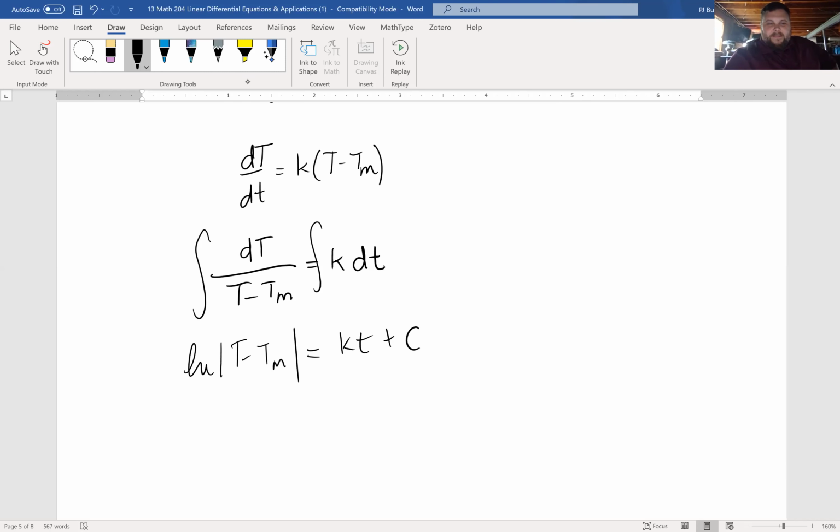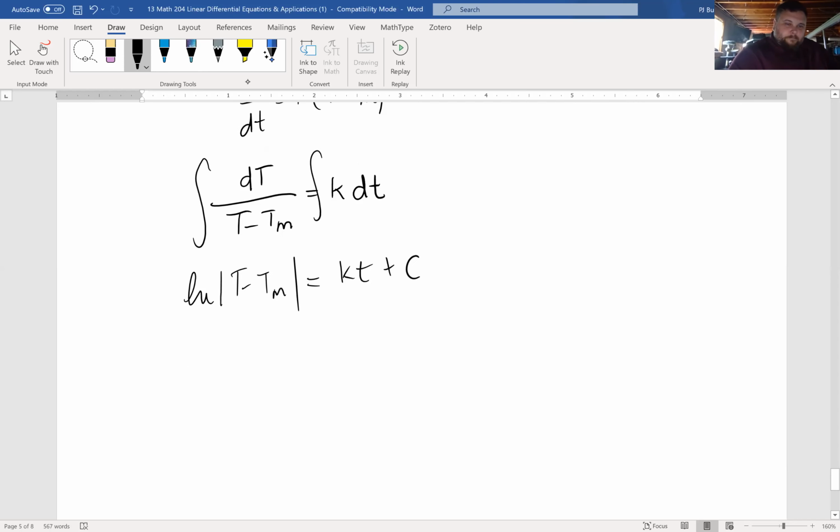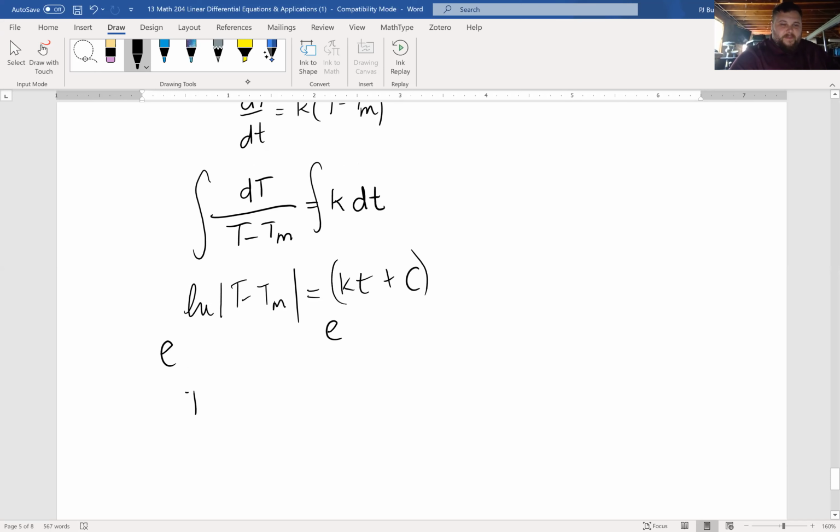If we want to get T temperature outside of that log, I have to raise both sides to e. So the left-hand side would be T minus Tm. Right-hand side would be e to the kt, and notice we've got plus C, which we've done before.